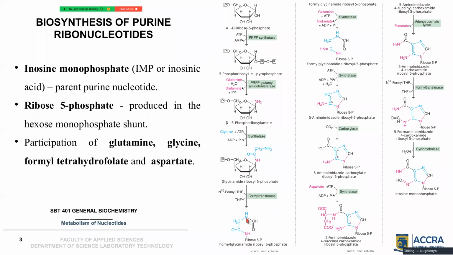And then tetrahydrofolate comes in to continue forming the ring. But that is just the first part of the ring, the six-sided ring. And then it continues to form the five-sided ring. And by the time this whole reaction comes to the end, you'll see that you are now having inosine monophosphate.